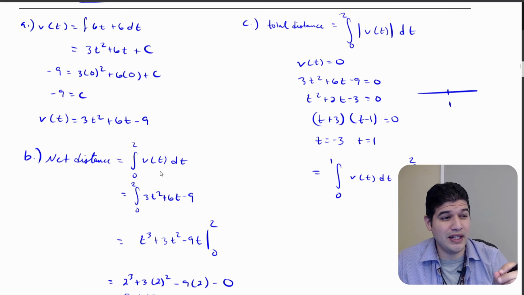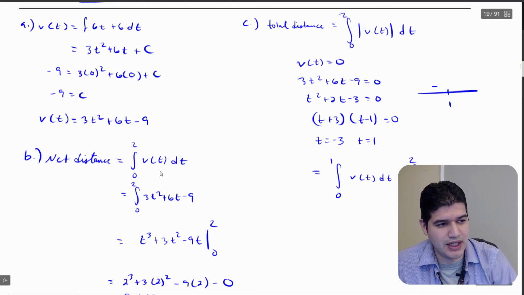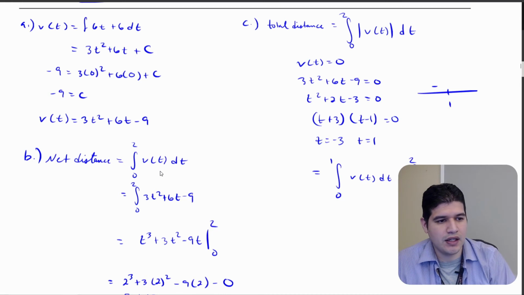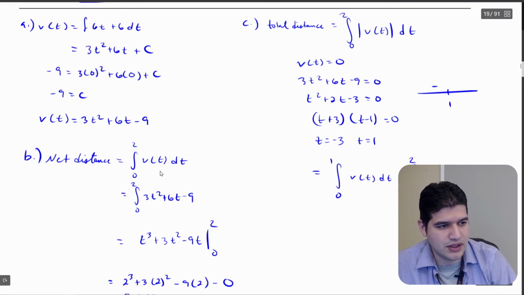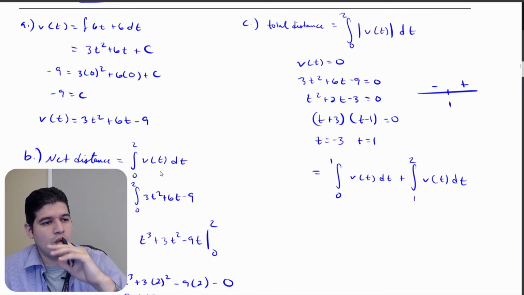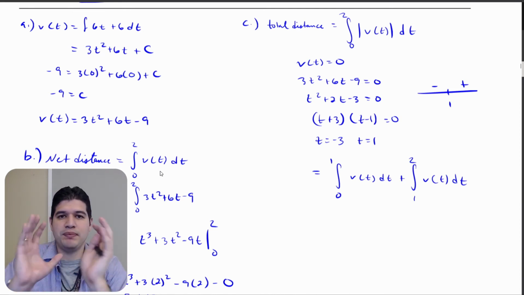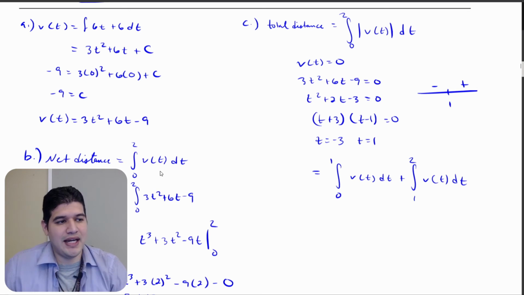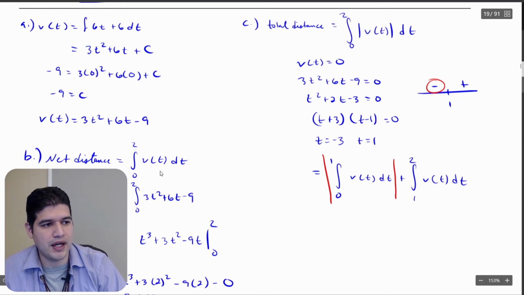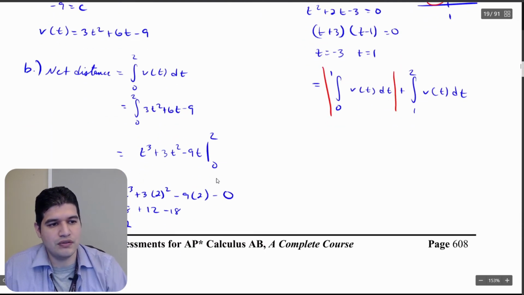So if I substitute in 0 into the sign chart, I get 0 plus 3 and 0 minus 1, so this comes out to be negative. And if I substitute in 2 into the sign chart, I get positive times a positive. So this comes out to all be positive. All right, so I know that left of 1, in between 0 and 1, this is all going to be negative. So this part, since this is negative, I want this entire integral to come out to be positive. So that's absolute value around there.